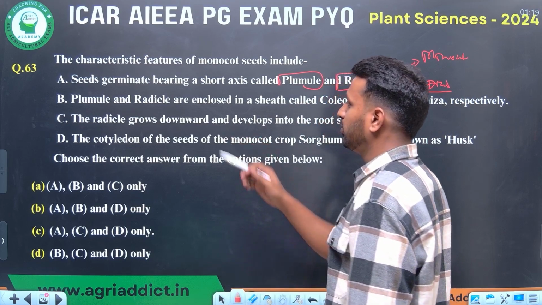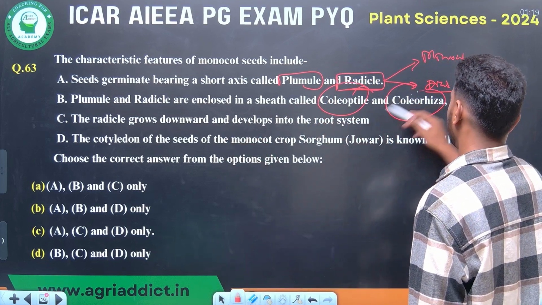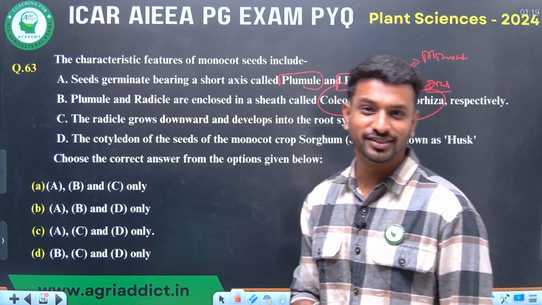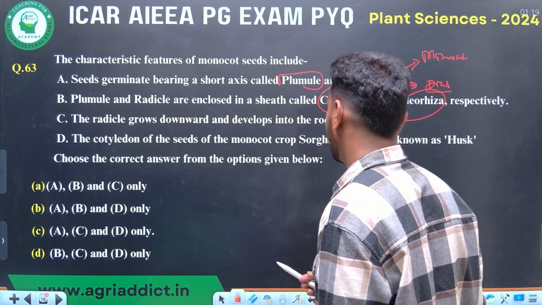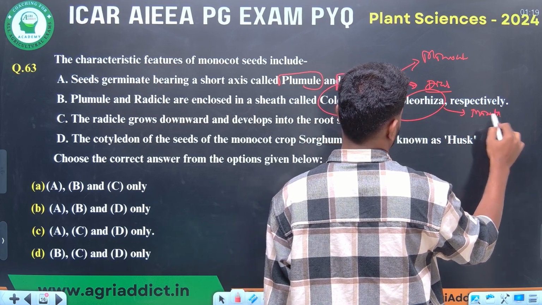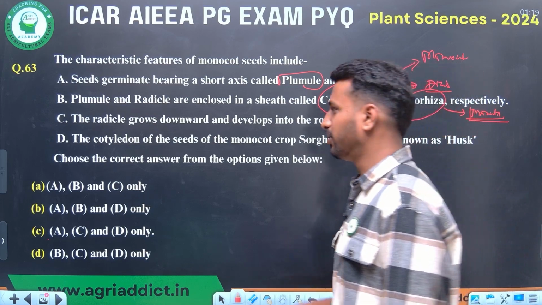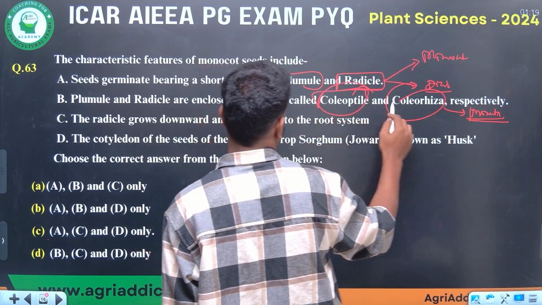Okay. Next one. The plumule and radical are enclosed in a sheath called coleoptile and coleorhiza. Is this specific to monocots or for both monocots and dicots? This is for monocots, and dicots usually have a seed coat structure for protection, but monocots generally have the coleoptile and the coleorhiza.